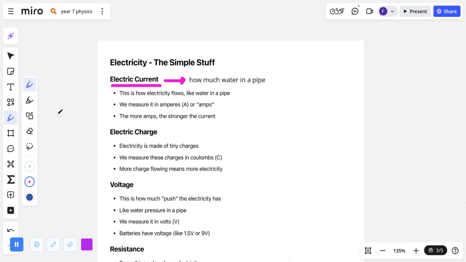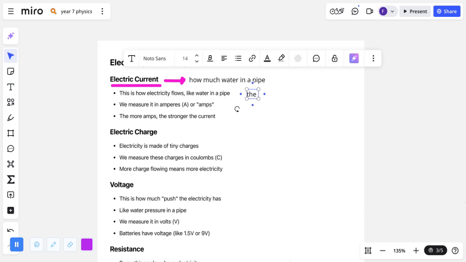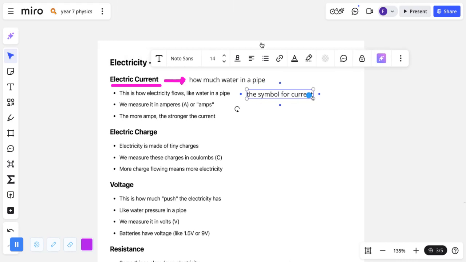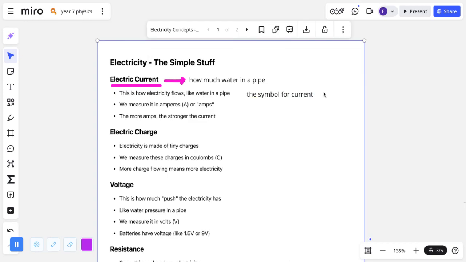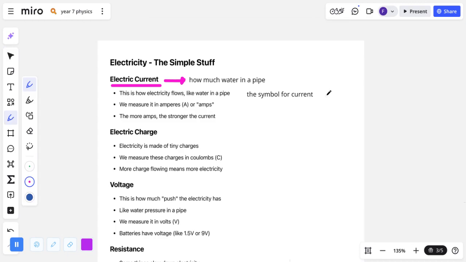What is it? The problem you've got is the units and the symbols. Now, the symbol for current, and here's a tough one. It's really tough. All right. The symbol for current equals the letter I. Okay.